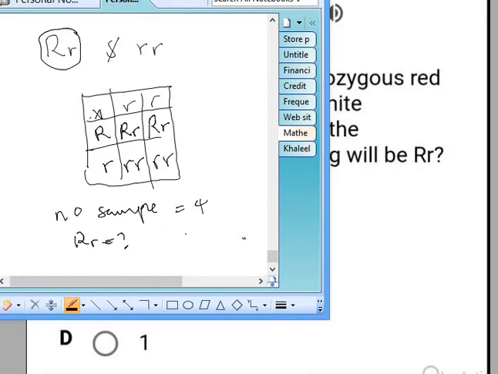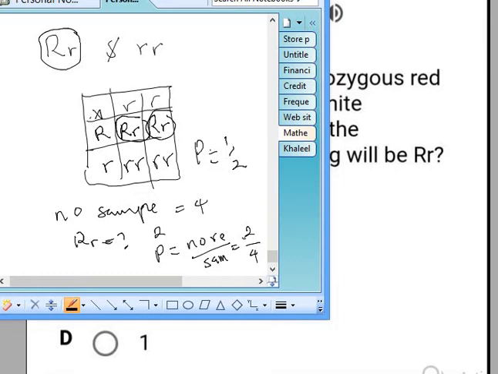The number of required outcomes is 2, since we have one here and also one here. So probability is equal to the number of required outcomes over the number of sample space, which is 2 over 4, so the probability is 1 over 2, which is 0.5.